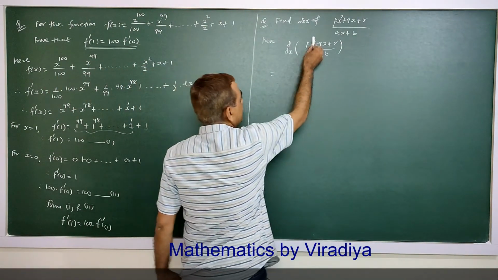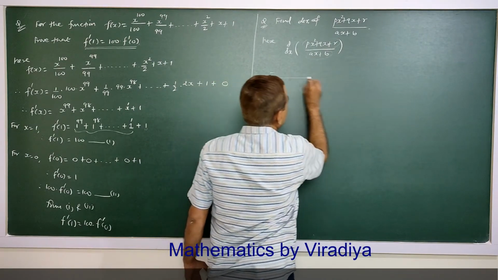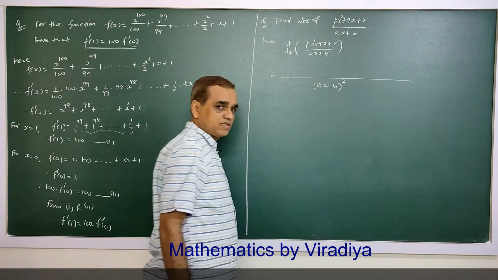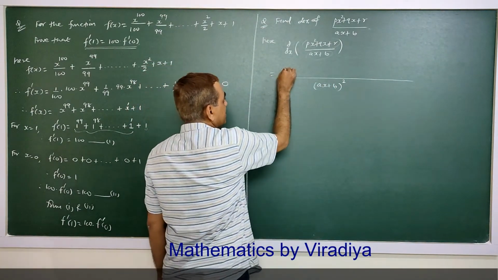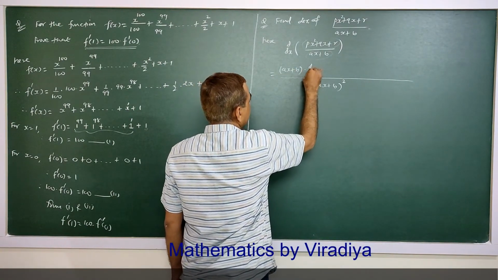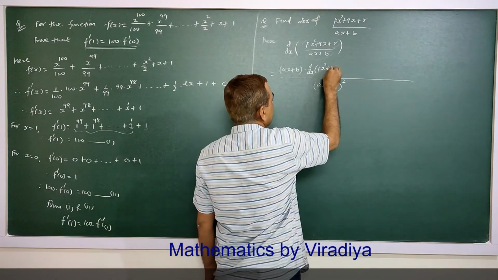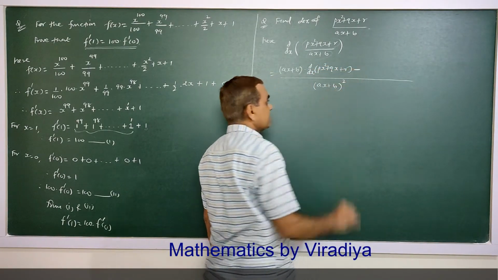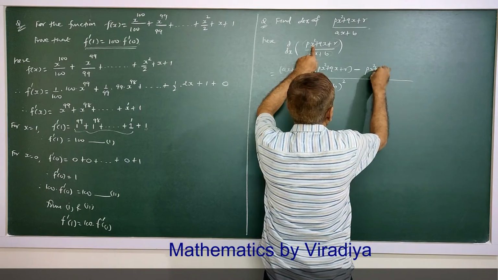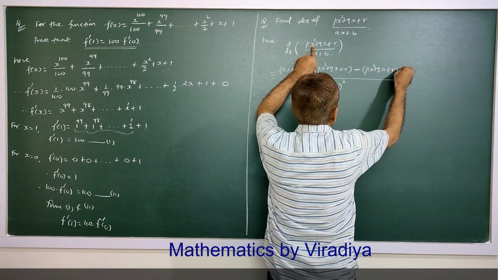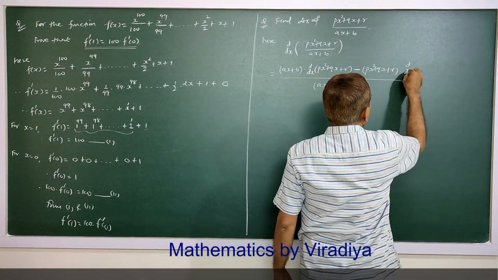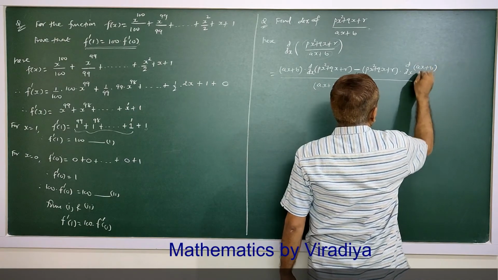So considering this as u and this as v, this is v square, v as it is, derivative of u, minus u as it is into derivative of v, that is d by dx of ax plus b.